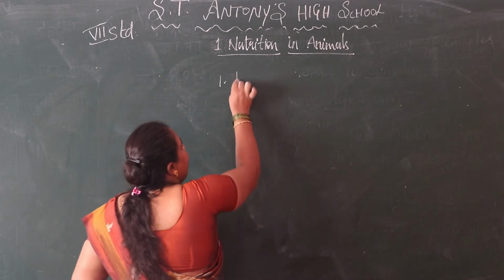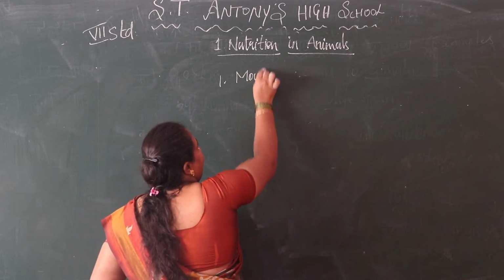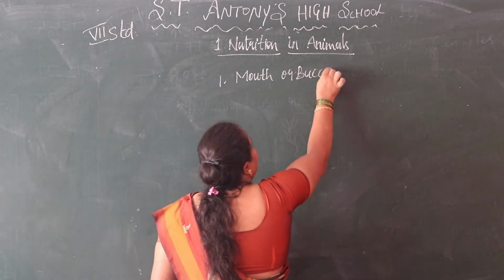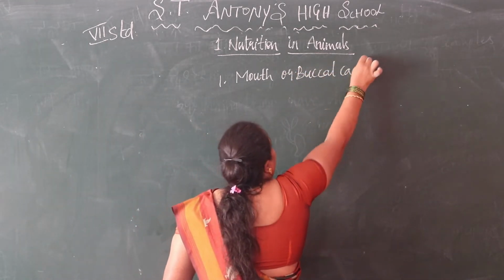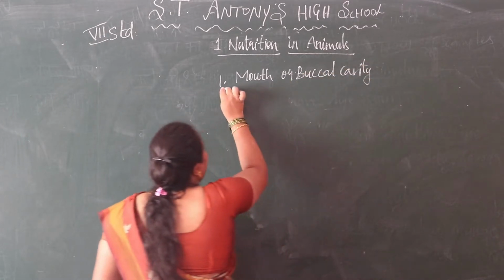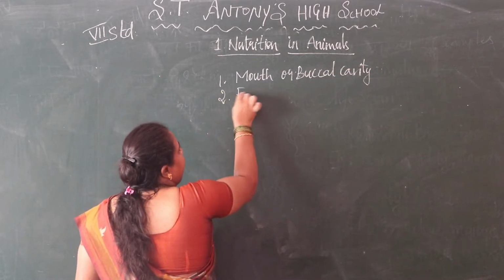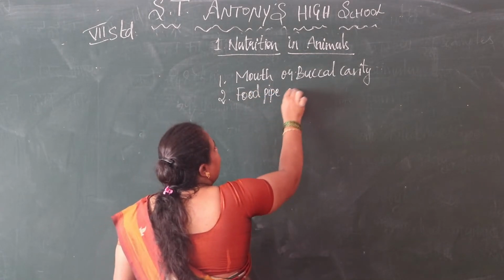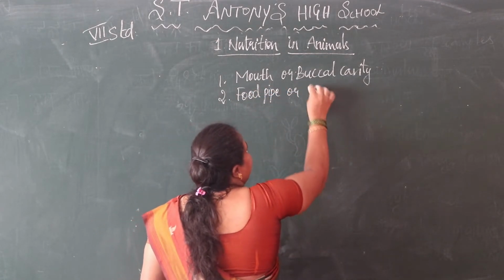First one is mouth or buccal cavity. The second one is food pipe or esophagus.